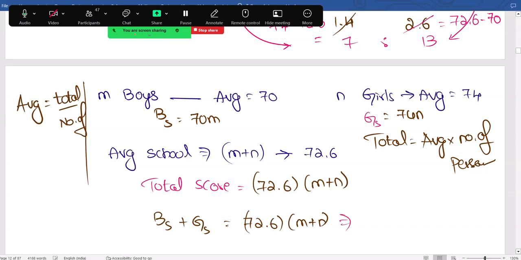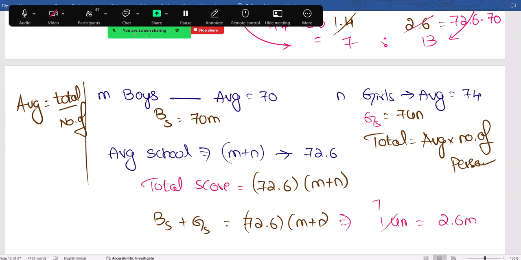Now put that on this side: 70 and 72.6, the difference is 2.6 m, right? Because on this side it is 70 m and this is 72.6 m, so 2.6 is the difference. Whereas on this side the girls score is 74; with 72.6 the difference is 1.4 n.